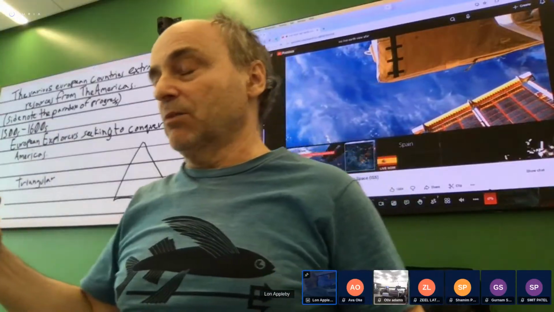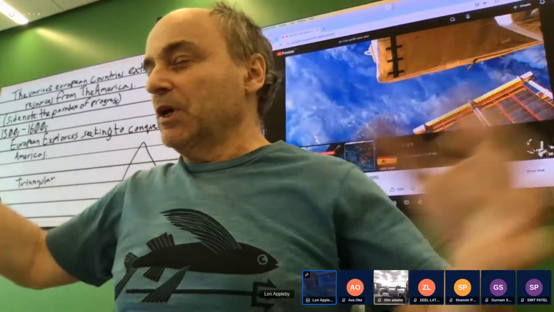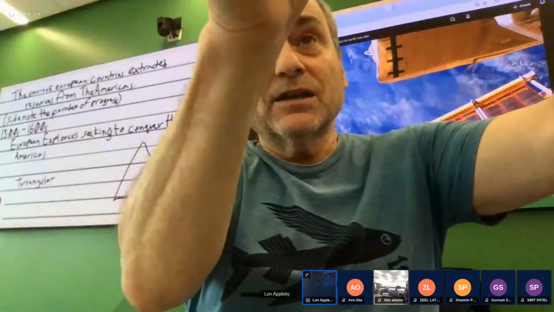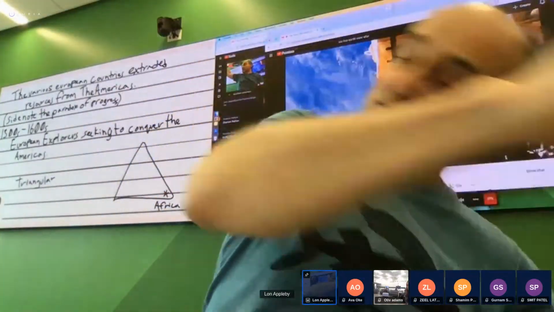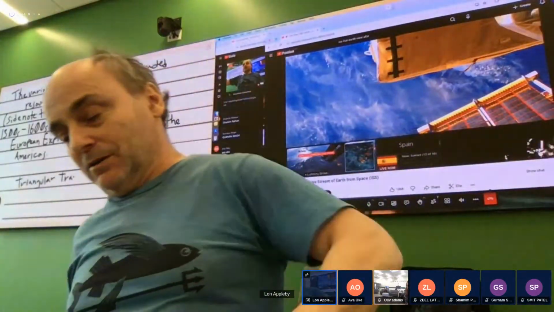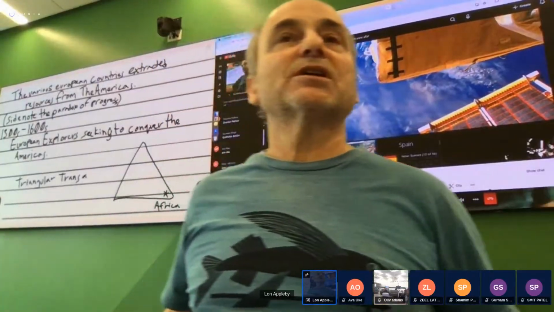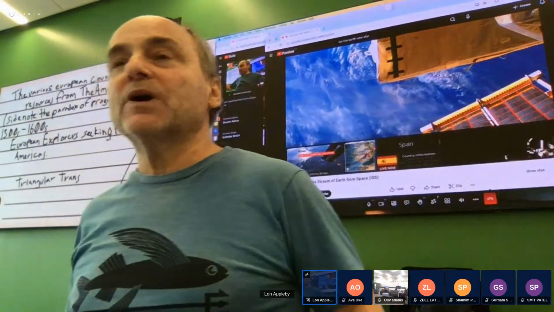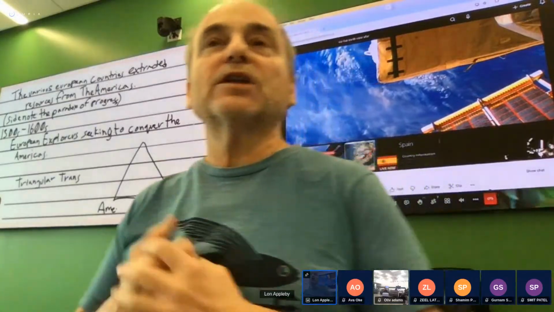It's going to be terrible. There's going to be all these ports with thousands of black men coming. Then, on the left side of the triangle is the Americas. And then at the top, we'll call it England.